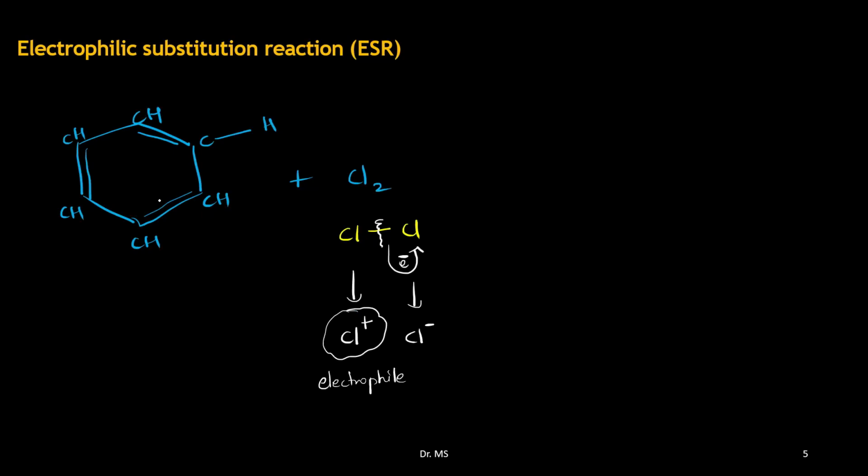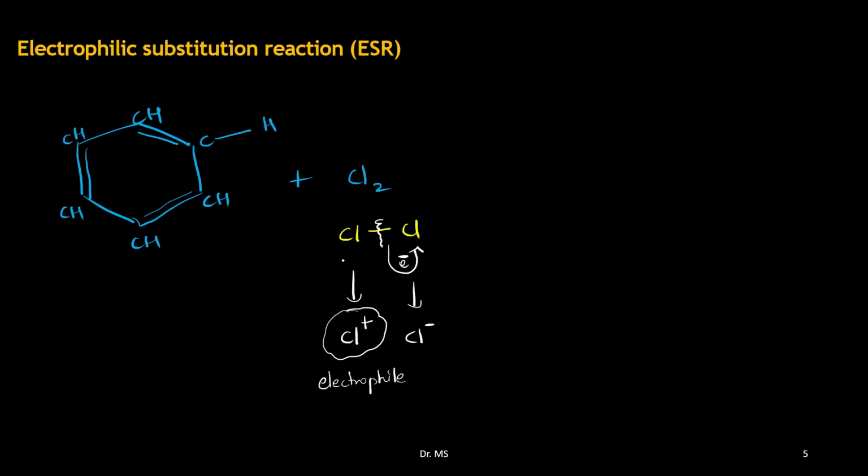So they will break the pi electrons, and the chlorine will go and attach to the carbon. But this carbon is holding the chlorine as well as the hydrogen. So it cannot hold two at a time because carbon can have only four bonds. But here the fifth bond is happening. So due to that reason, the carbon will remove one hydrogen, and that hydrogen will turn out to be H plus.